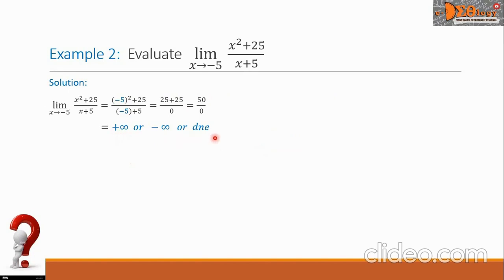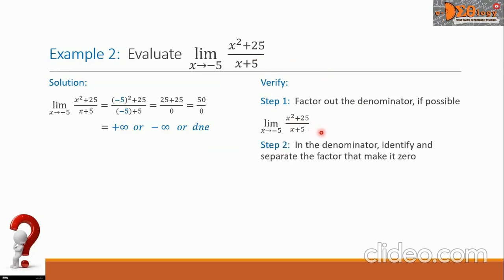Let us verify which of the answers is true. Step 1. Let us factor out the denominator if possible. Let us copy our limit problem down here. Observing the denominator here, it is already prime, so there is no need to factor out.